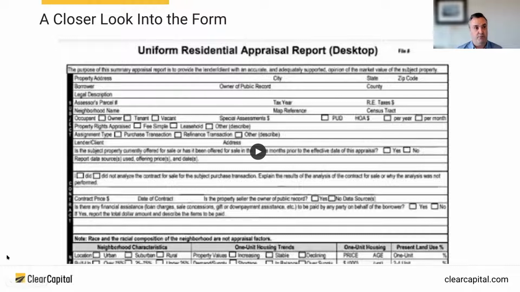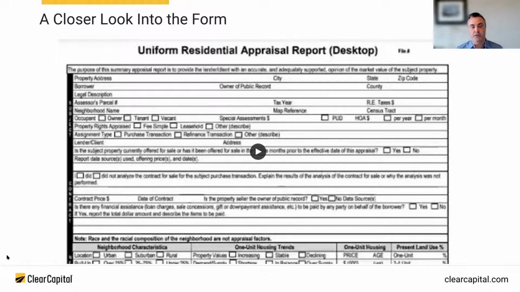Though I will say, before passing it over to Todd, the desktop appraisal report has all of the same requirements for exhibits as your traditional appraisal report. So be mindful as you learn about the desktop that all of the same interior photo requirements are still there for appraisers, including kitchens, bathrooms, and main living area.